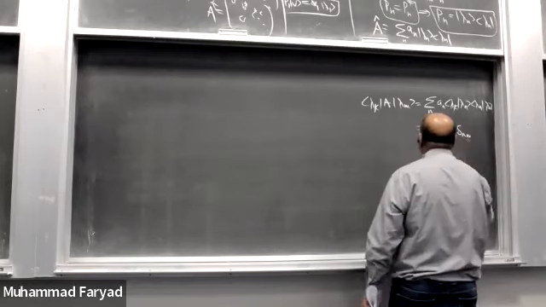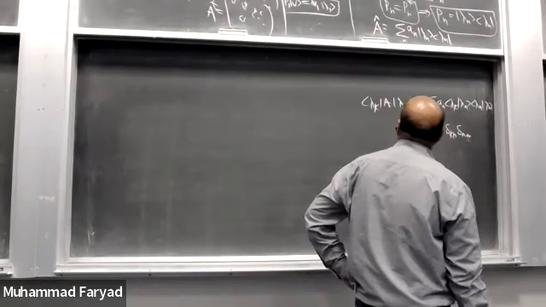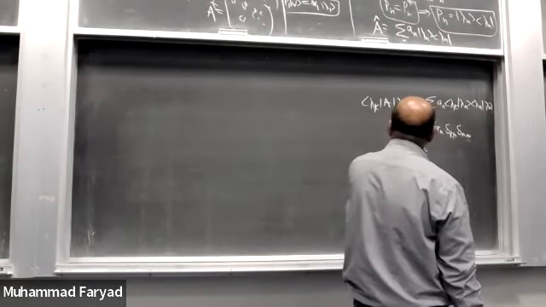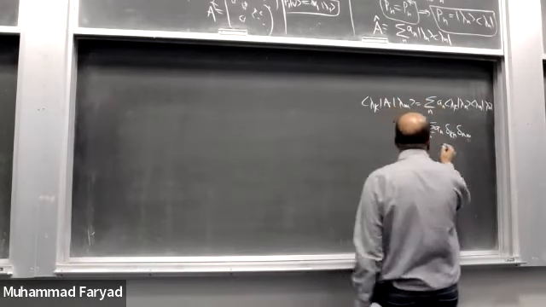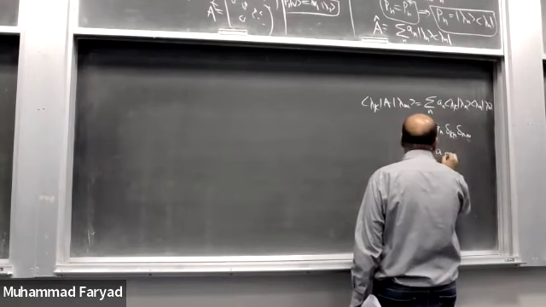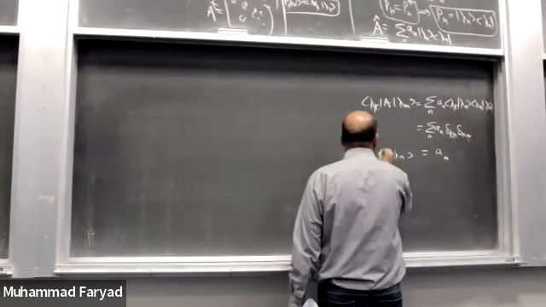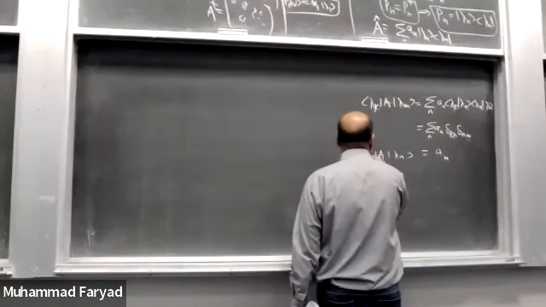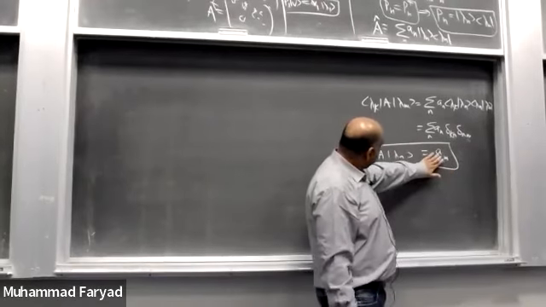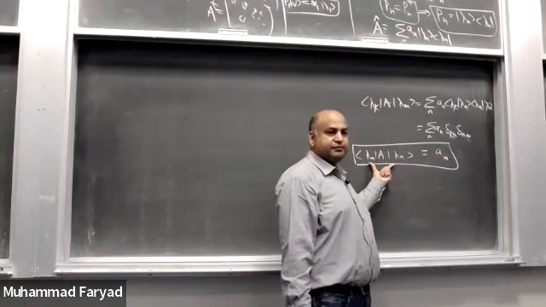So k has to be equal to n, and n has to be equal to m. So this is, let me write it, am, and here I have lambda m, lambda m. So the coefficients of this spectral expansion are given by this.